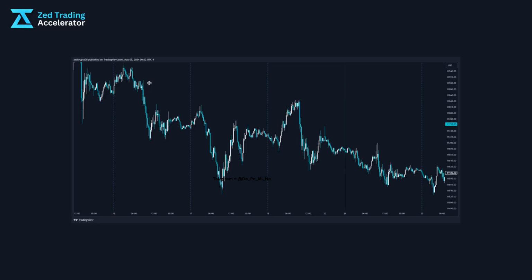The price went up and took out those equal highs and then continued lower. We have here the high of the day, and at the New York kill zone, we have a continuation lower. At London, we went up and then shifted lower. At the New York kill zone, we went up once again and then shifted lower.